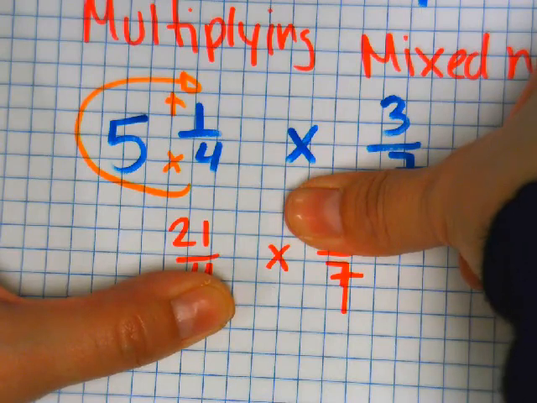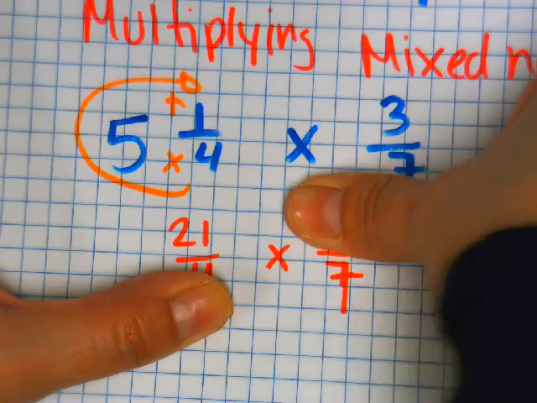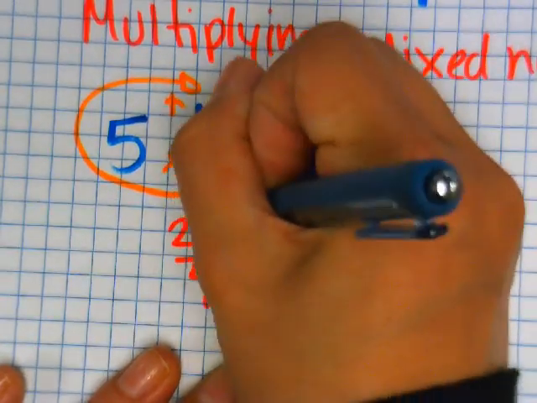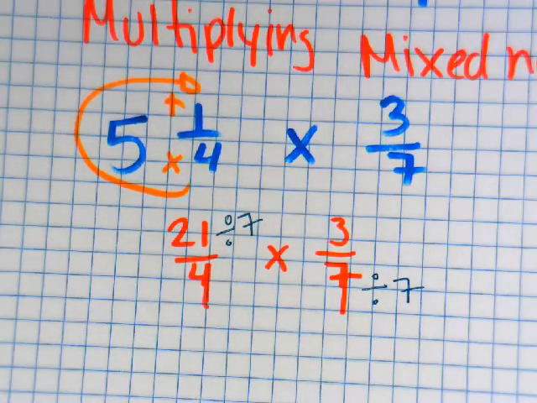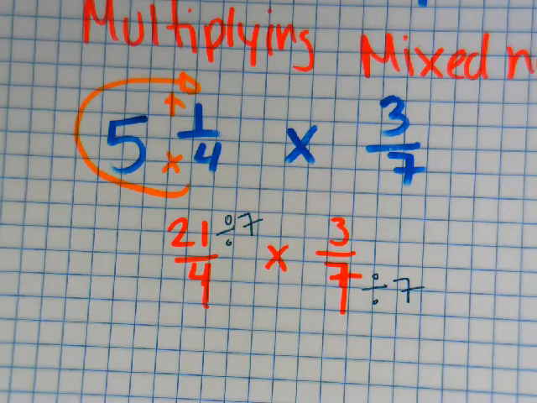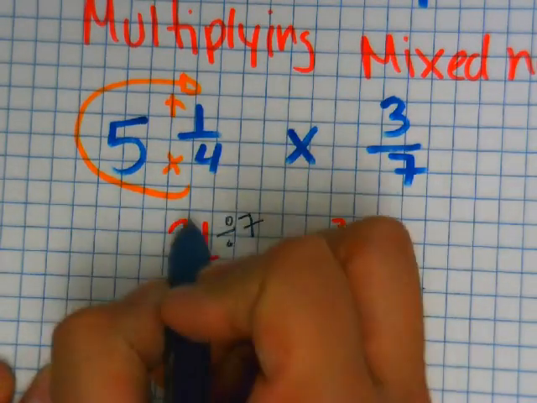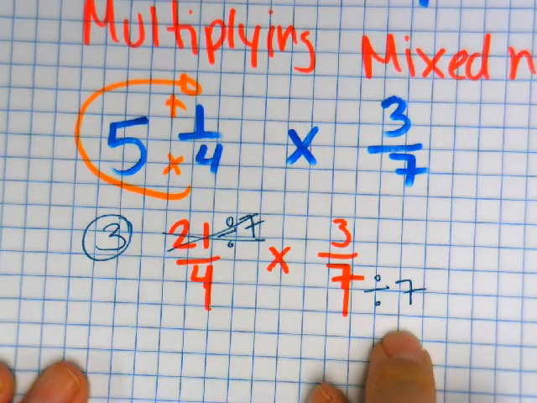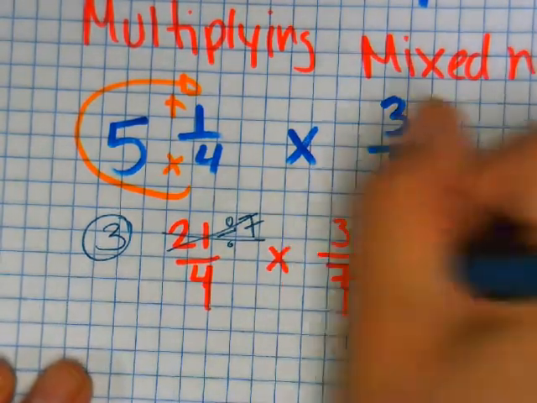By 7. So I divide this by 7, and this by 7. What's 21 divided by 7? 3. So I no longer have 21, I now have 3. What's 7 divided by 7? 1.